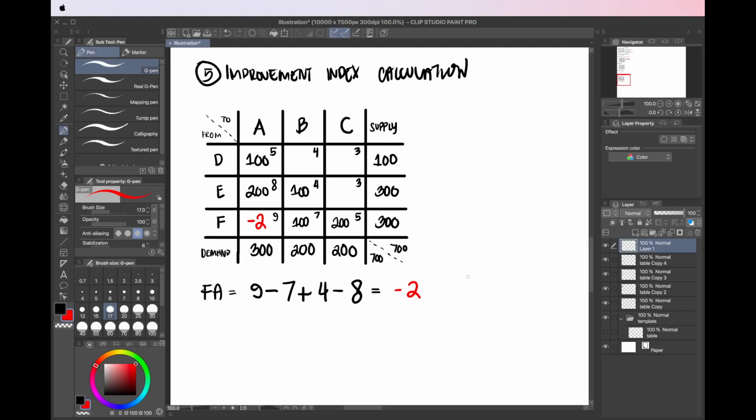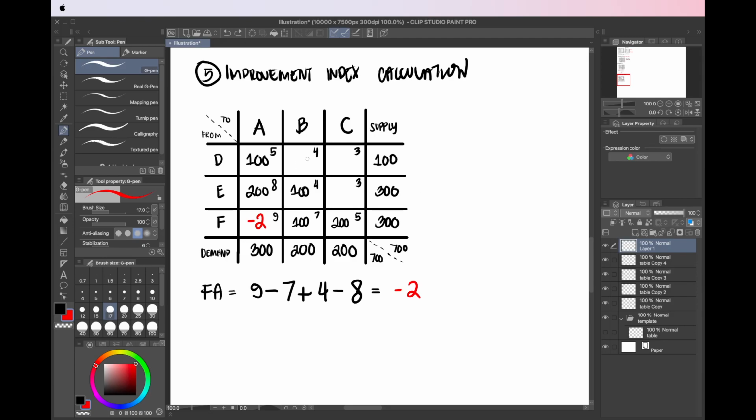Okay. Next, let's get the value for here. So how we would do this would be going here, then here, here, and then here. And again, I'd like to clarify as well that you can also choose to go here, here, here, and back, as long as there's a closed loop. And plus, the answer would remain the same.